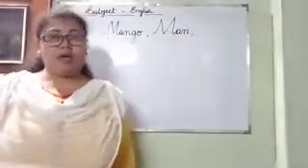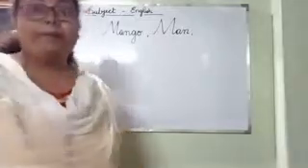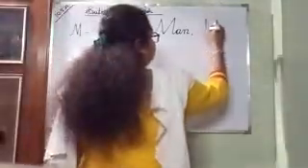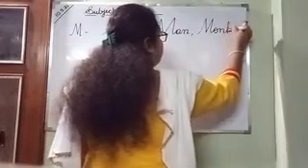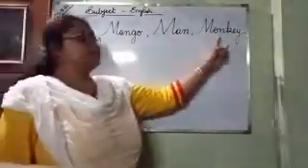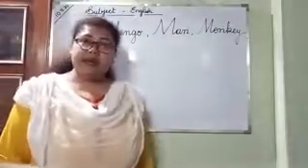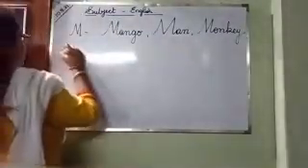Man. Okay. Then M for monkey. M-O-N-K-E-Y. Monkey. So M for mango, man, monkey. Understand? Now next. After that N.